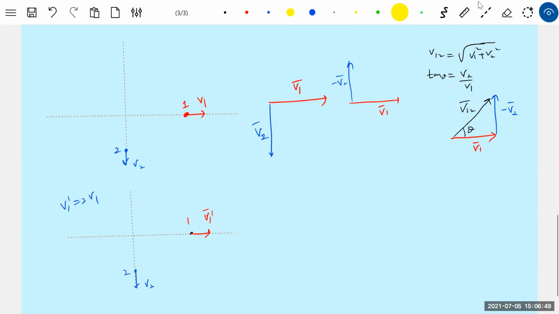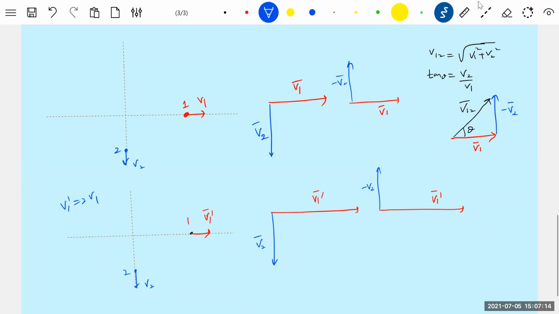It's very simple, no? If this doubles, then in this triangle I should also increase the length of the vector. Then this will become V1 dash, V2 bar, V1 dash. Then I'll go for the resultant triangle.